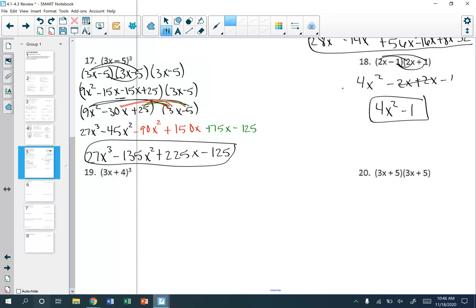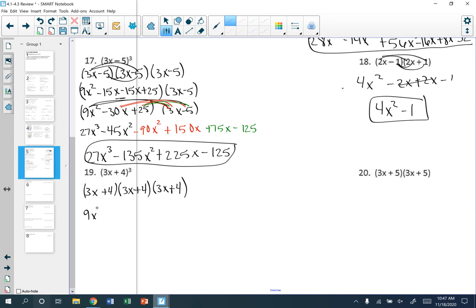All right, number 19 is the same exact process as number 17 was. So we have 3x plus 4 multiplied out 3 times. Okay, and then we're going to go ahead and FOIL our first two terms.